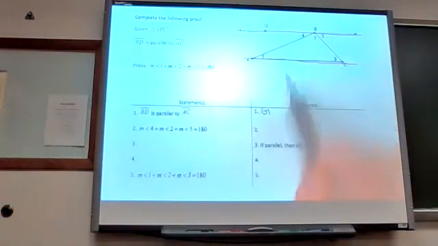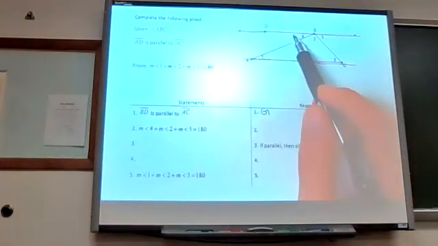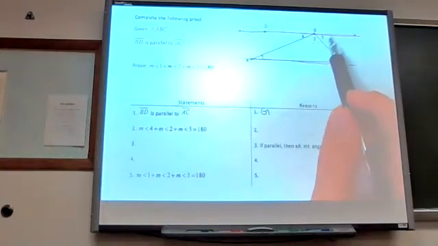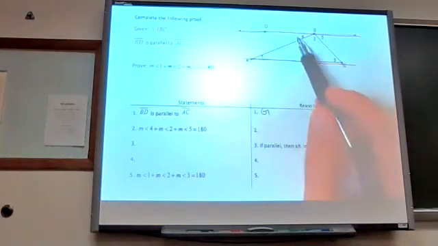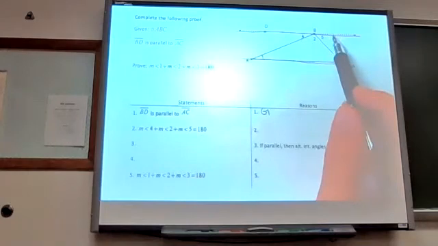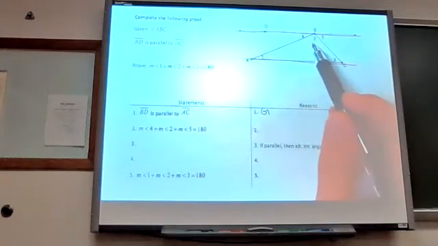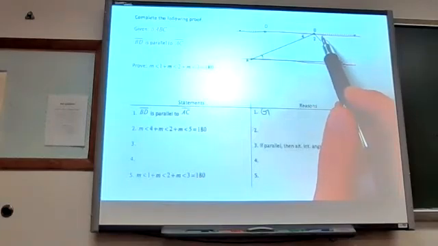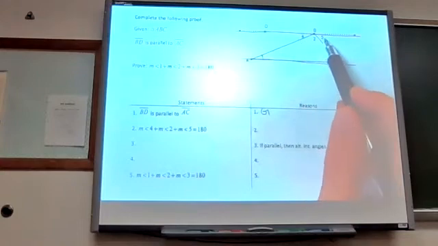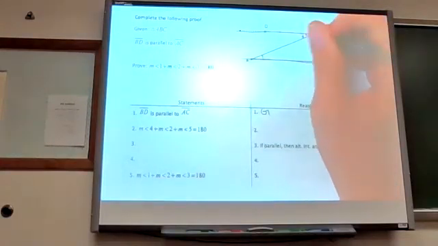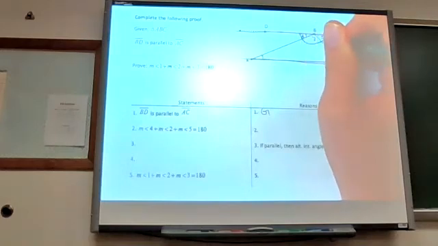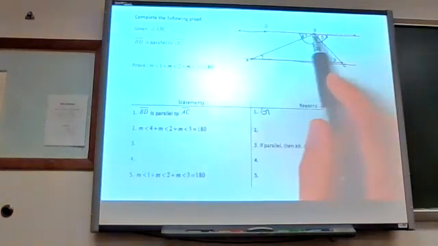And then the next statement that's made is that 4 plus 2 plus 5 adds up to 180. Why is that? What do 4 and 2 and 5 create? The triangle. Well, it's not inside of here, it's here. So if I take angle 4 and angle 2 and angle 5, it gives me a straight line.